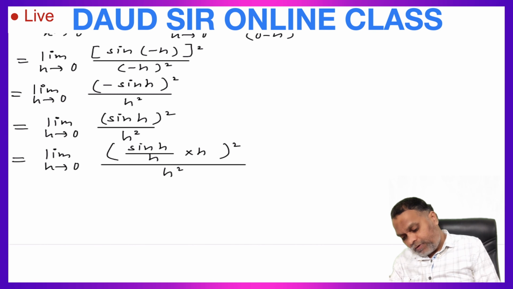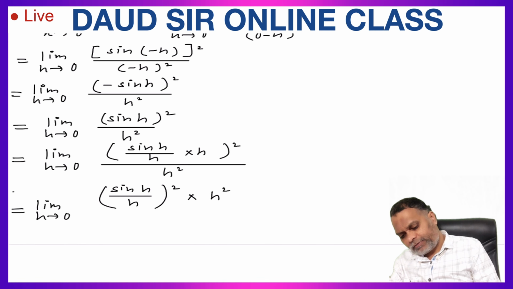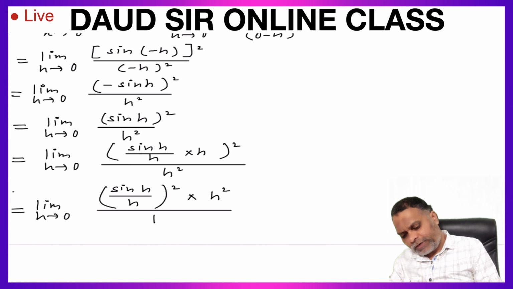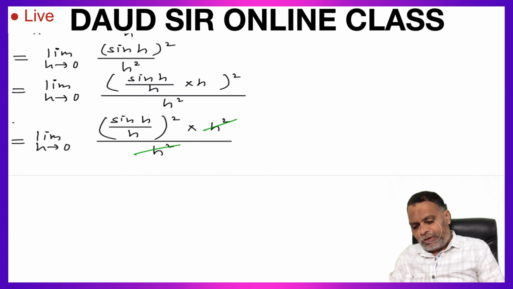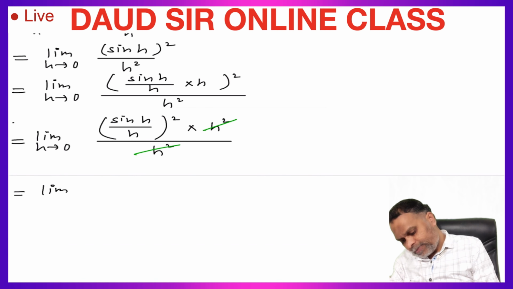Now limit h tends to 0, this is sine h upon h whole square, and write this h square outside the bracket, it will be h square upon h square. This h square gets cancelled, which is equal to limit h tends to 0 sine h upon h whole square.